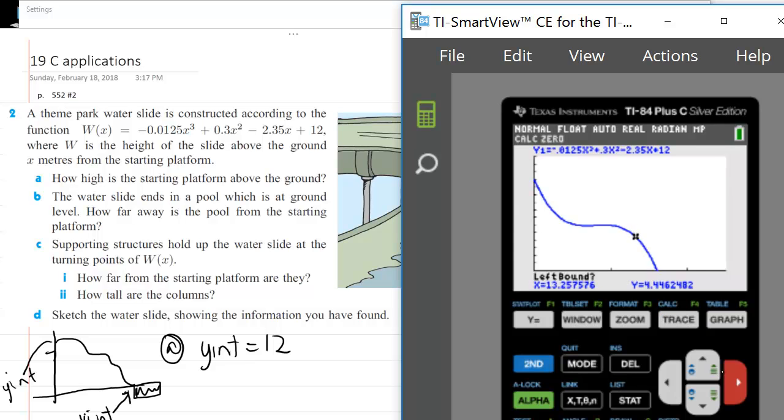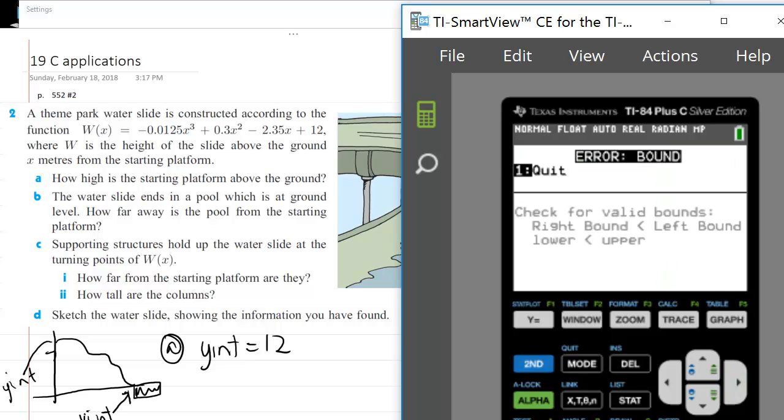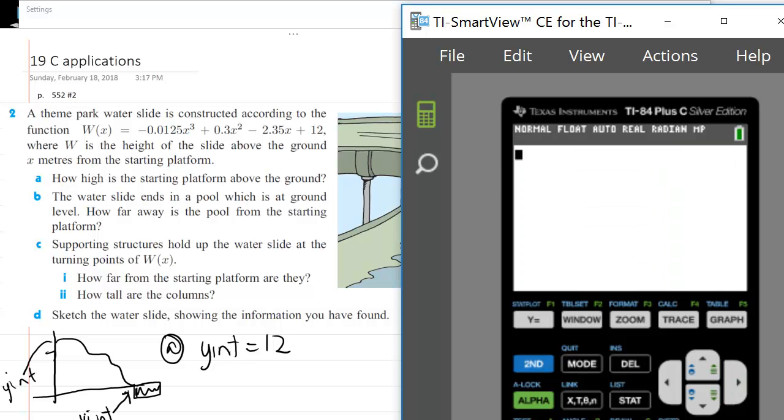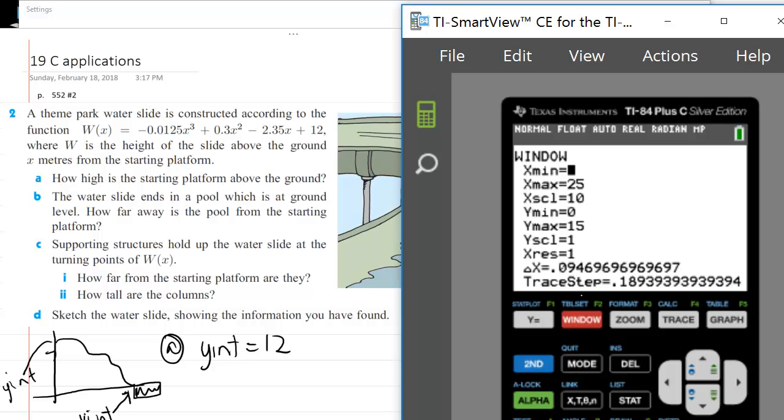On the left side, I hit enter. And on the right side, I hit enter. And as suspected, I need to change my window so that I can see below the x-axis, which I forgot about.